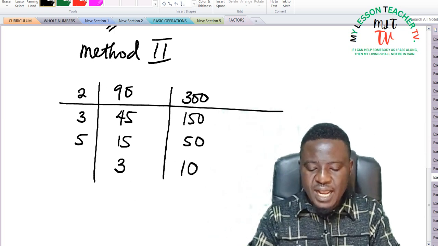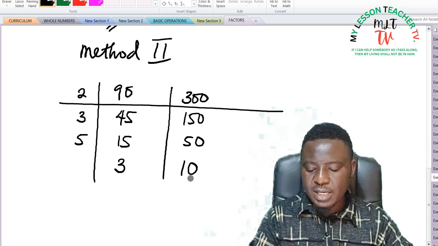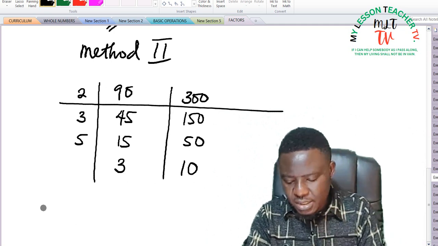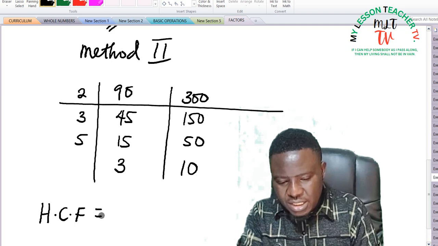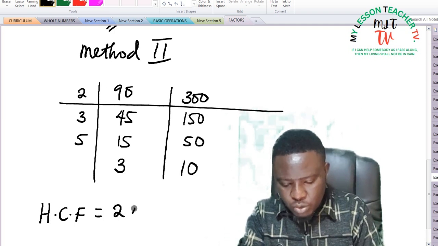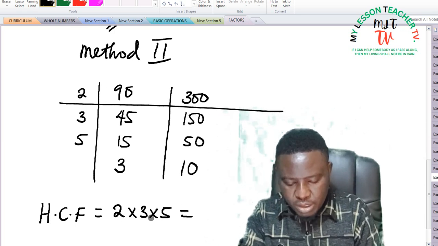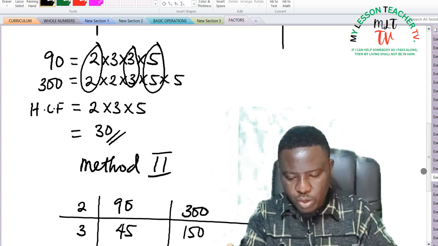Now, we have 3 and 10. Nothing can go into 3 and 10 without a remainder. So we end it at this point and say that the highest common factor of 90 and 300 is 2 times 3 times 5, which is equal to 2 times 3 is 6, 6 times 5 is 30, which is the same thing as what we got here.